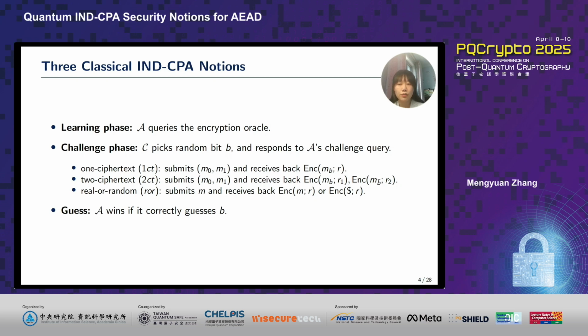The third way of implementing a challenge query is real-or-random, that is, the adversary sends one message M, and it receives back either the encryption of M or the encryption of a random message. In the classical setting, these three IND notions are proven to be equivalent.